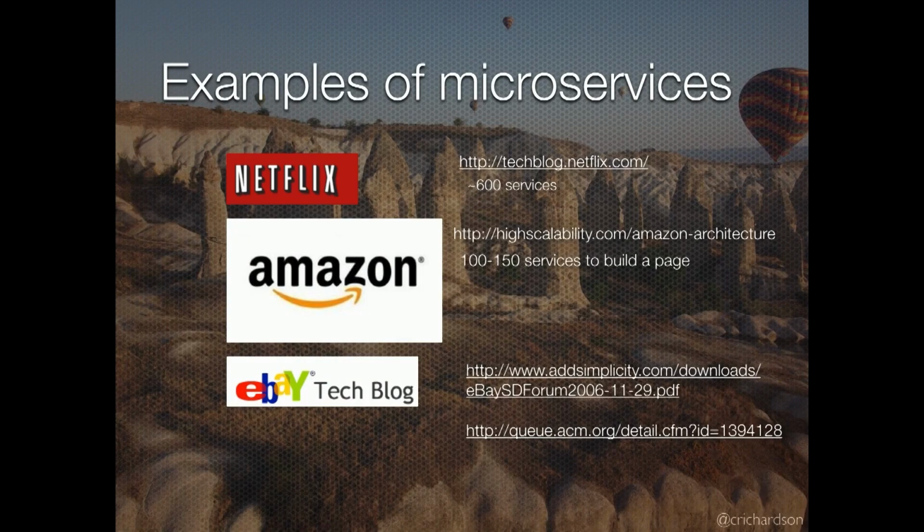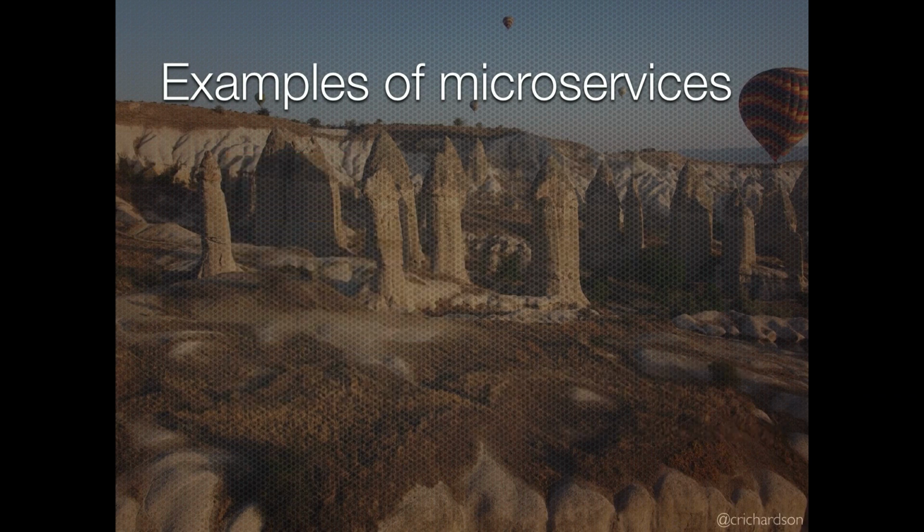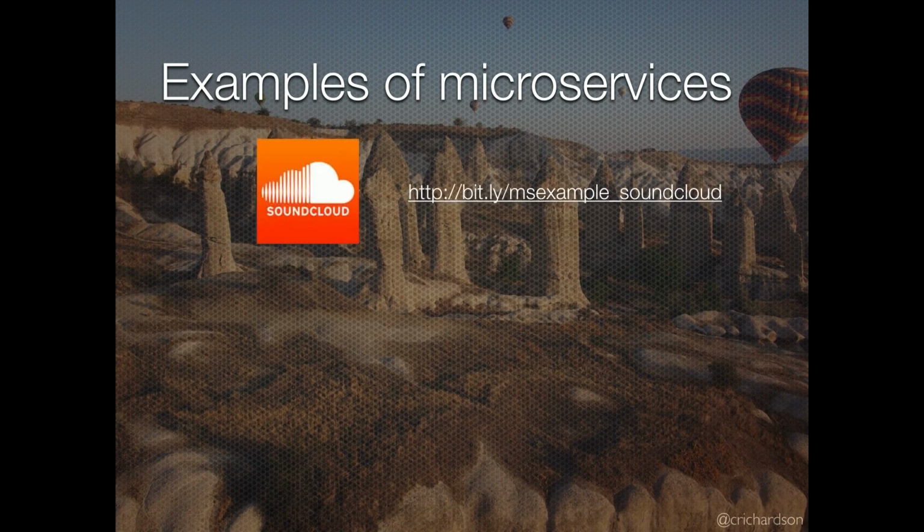eBay is another classic example of a company that's embraced the microservice architecture. They had a monolith that they ran into issues with, and then they refactored it into microservices. They wrote about it back in 2006. There are also various other companies that have described how they've gone down the microservices route.